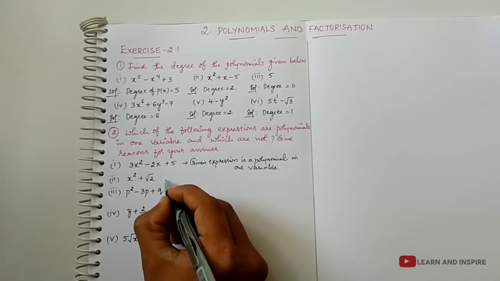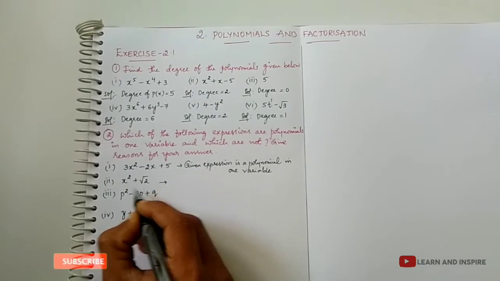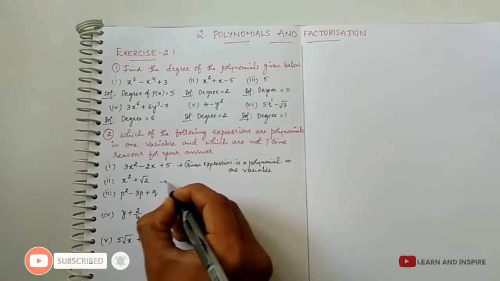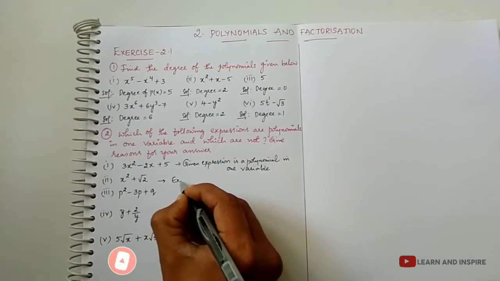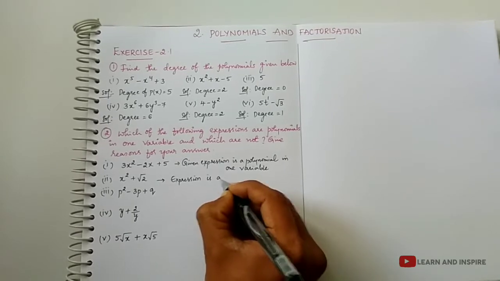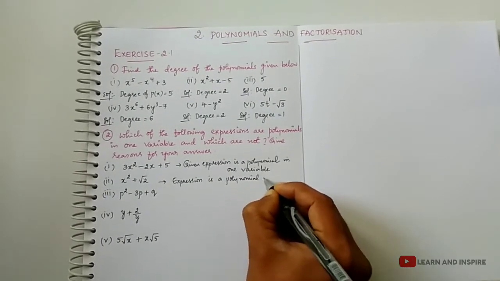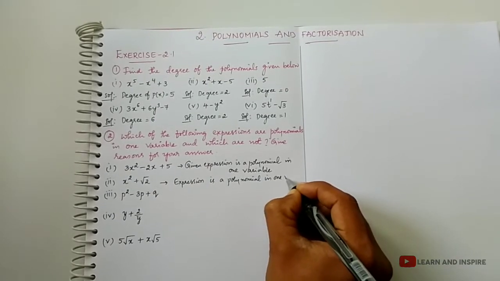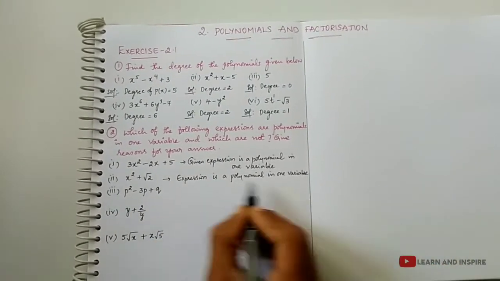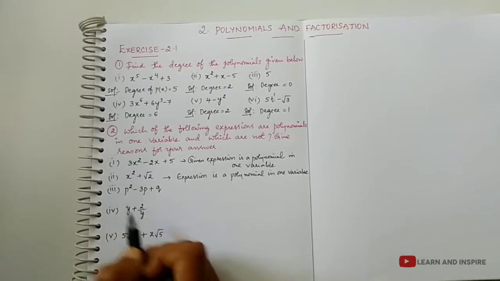Second one, x square plus root 2. How many variables are there in the given polynomial? Only one variable, that is x. Again we can write: the expression is a polynomial in one variable because here we have only one variable, that is x.